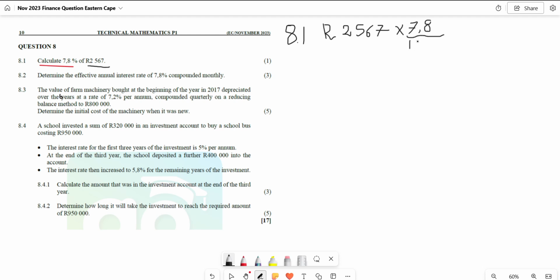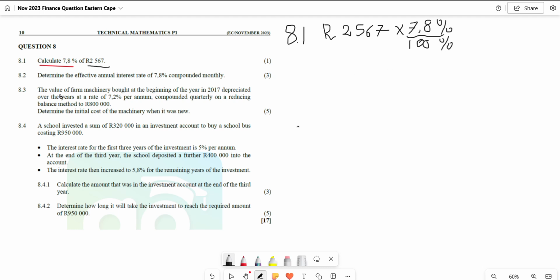Then we divide 7.8 by 100%. This is the right step that we needed to follow. You can't just multiply by 7.8. Remember, this is 7.8%, so we must convert it to a number by dividing it by 100%. That will be the correct step to go about.